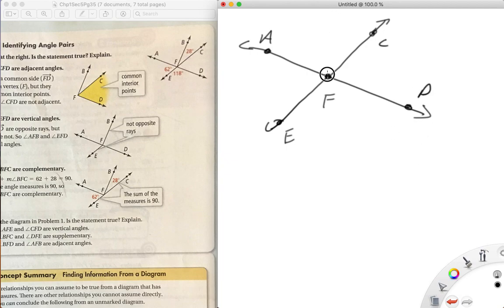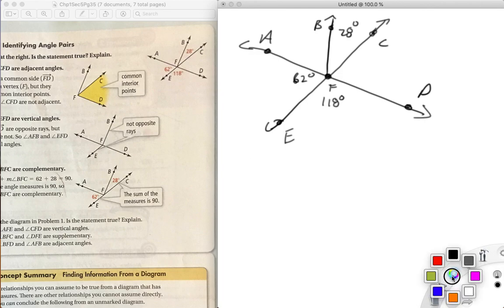And then we also have this guy coming up here. And this is B. We're told that this is 28 degrees. We're told this is 62 degrees. We're told this is 118 degrees. Okay, they want to know if angle AFD and angle BCD are vertical angles.